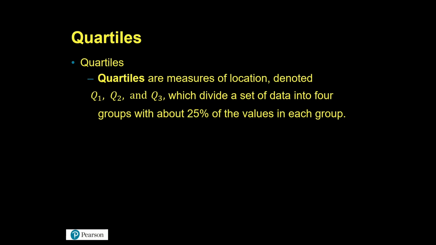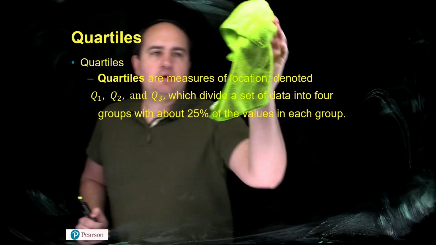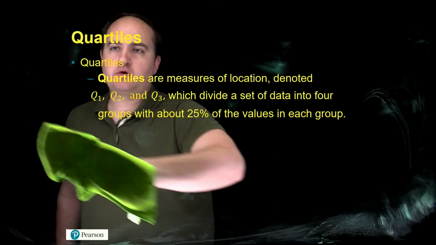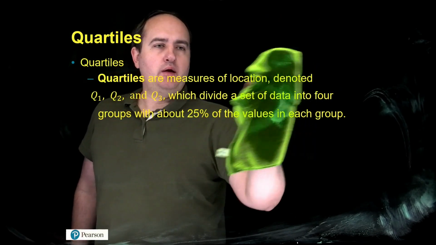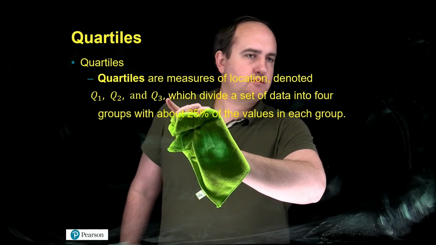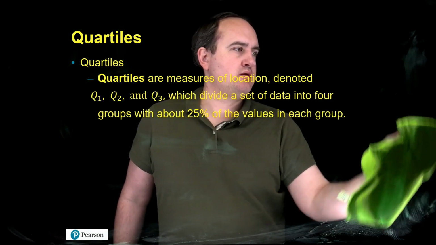So if you look at the word quartile, it sounds a lot like the word quarter, and everybody knows there are 4 quarters in a dollar. So you might be wondering, how come there's only 3 quartiles? Do they work differently?